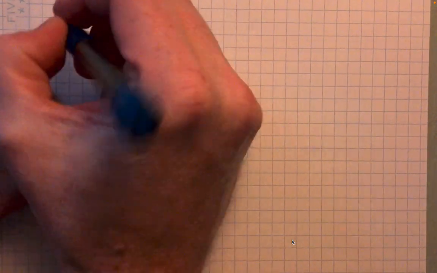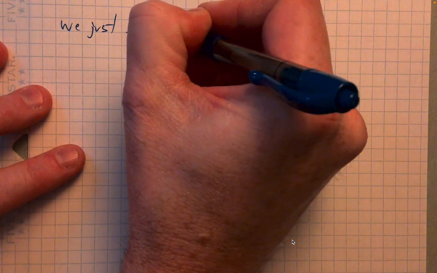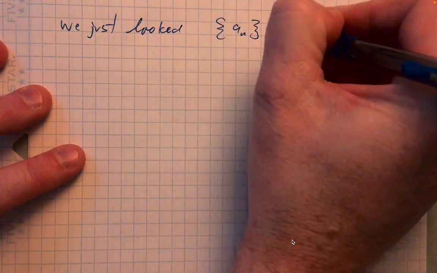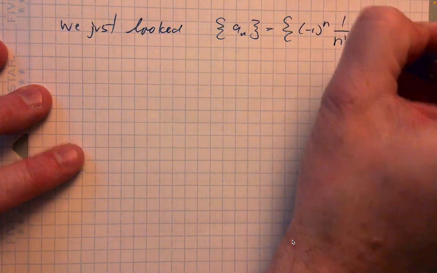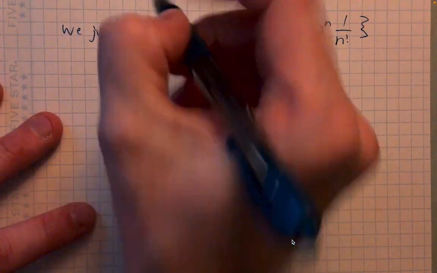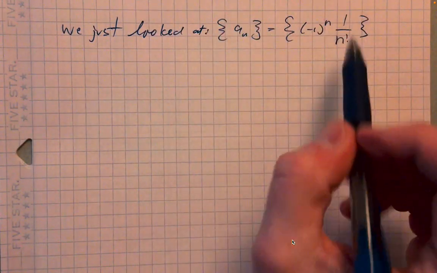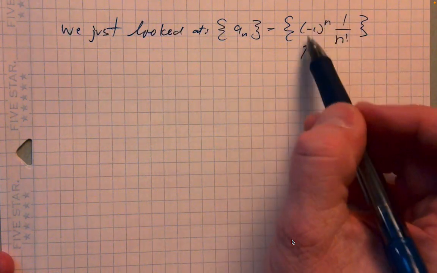Now in the example we just looked at, we looked at this sequence. Now this piece of the sequence is -1 to the nth power.